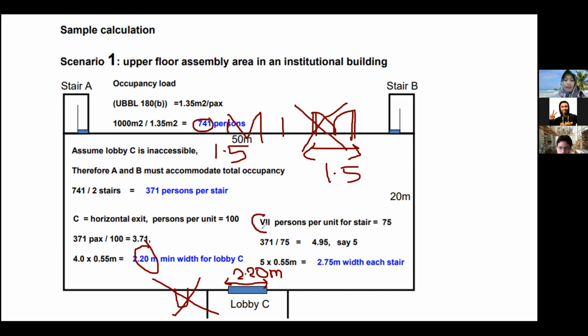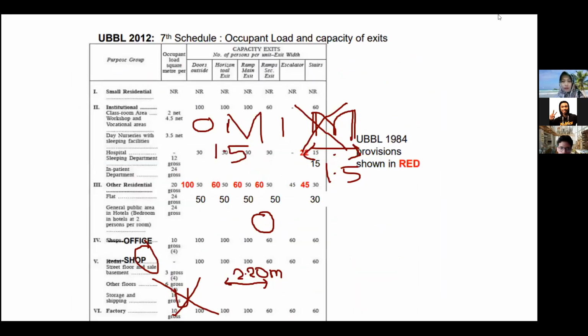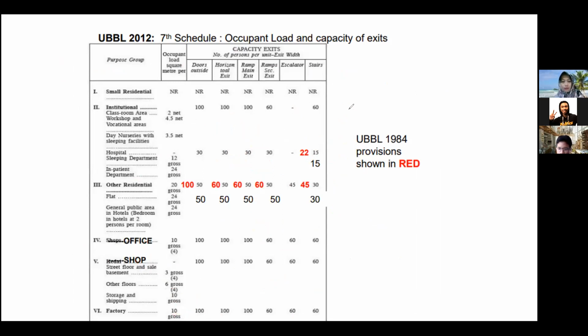So this is not a schedule, it is a Part 7, persons per unit for staircase. Meaning, what is the width? 75. Okay. Click on drawing. Okay, same goes here, staircase.